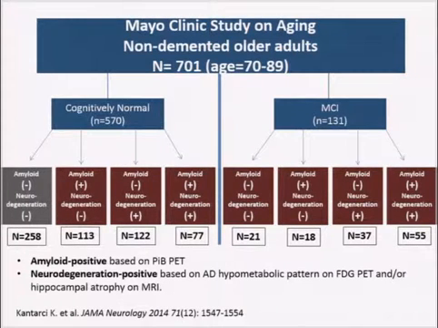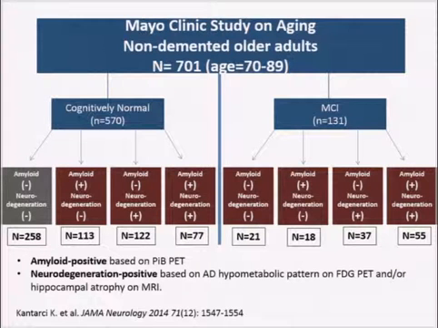And what I mean by neurodegeneration, again, is atrophy in the gray matter that is similar to an Alzheimer's pattern, and also FDG PET changes, again resembling the Alzheimer's pattern. So we had this biomarker negative group in the cognitively normal controls, which was used as the control group for comparisons.